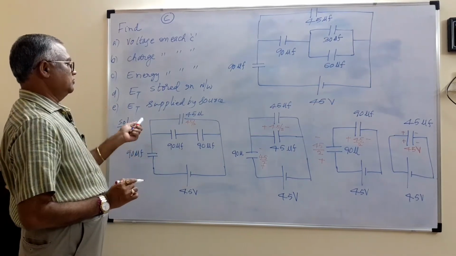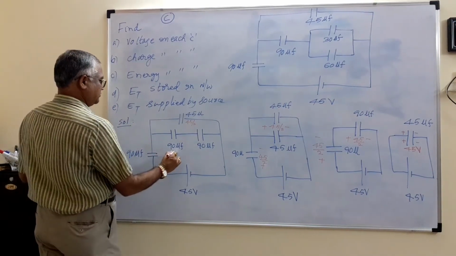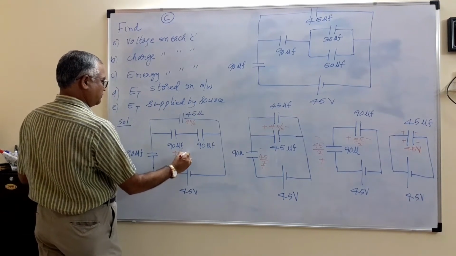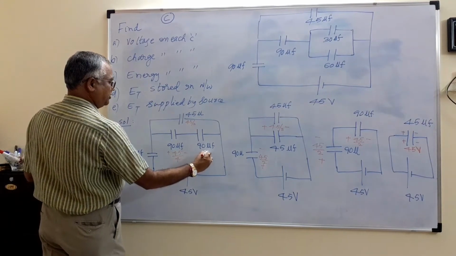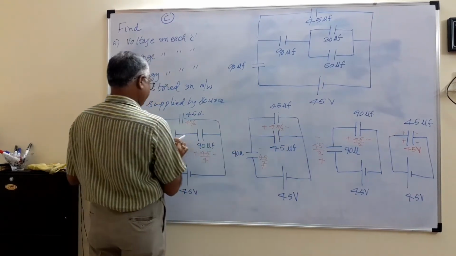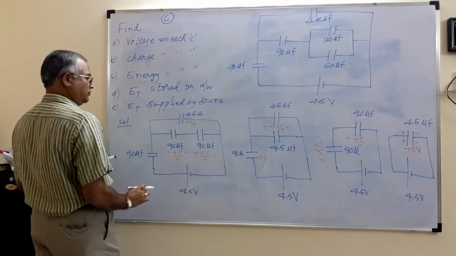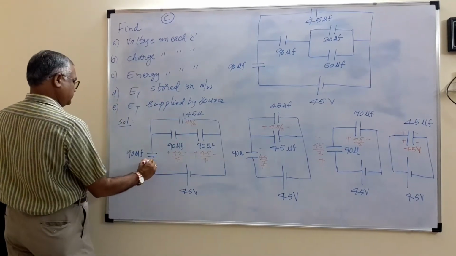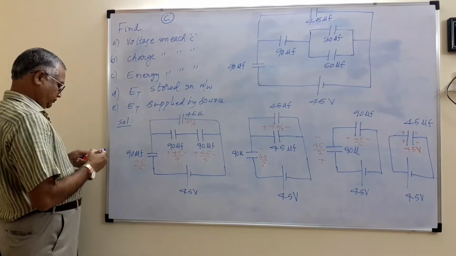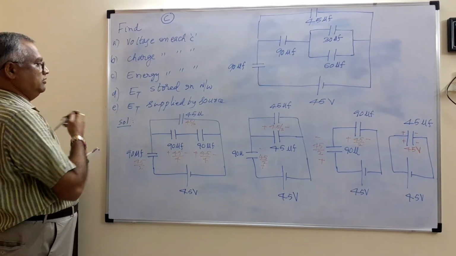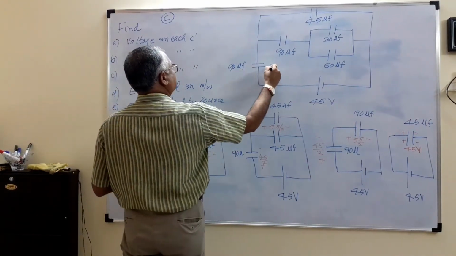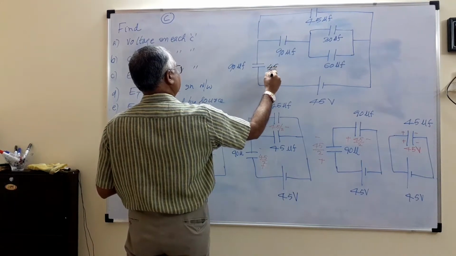Series means voltage divides, charge same. So what voltage do we get here? 45 by 4, and here also 45 by 4. This 45 by 2 divides equally into 45 by 4 and 45 by 4.